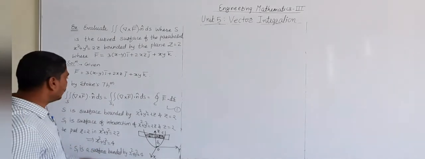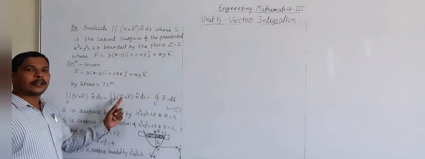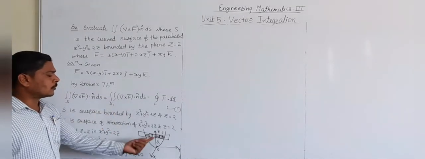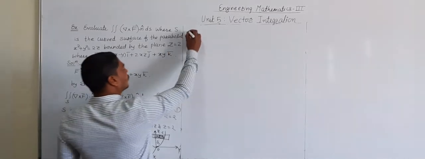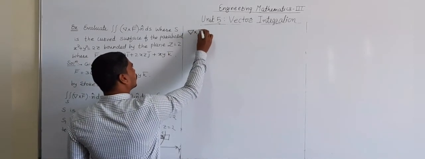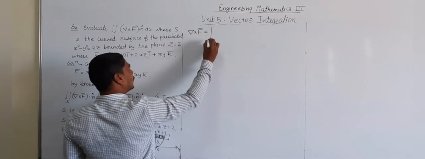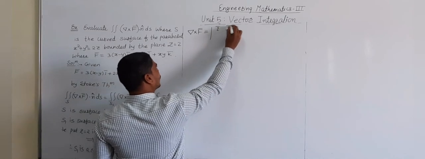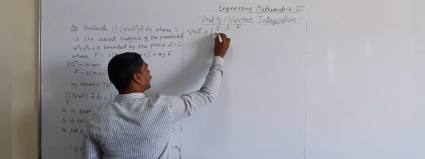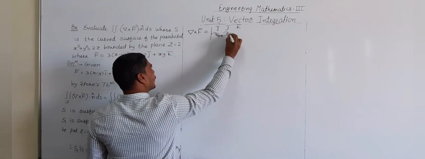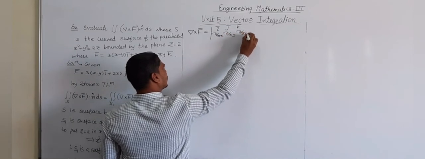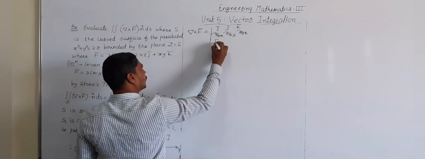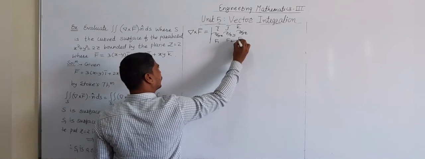Okay. Now, the next requirement is to find del cross F bar for S1. So this is our surface S1. And we know that del cross F bar is the determinant with first row I bar, J bar, K bar, second row partial derivative with respect to x, with respect to y, and with respect to z, and third row F1, F2, F3.